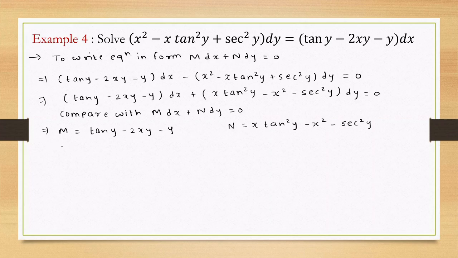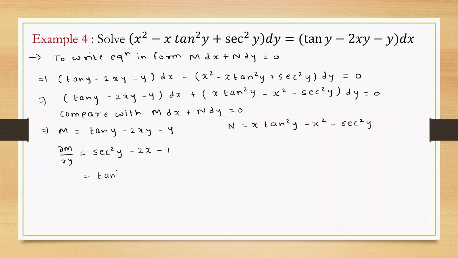Now, we need dou M by dou y. So dou M by dou y is, what is the derivative of tan y with respect to y? It is sec square y. The derivative of minus 2xy with respect to y is minus 2x, and it is minus 1. So we know that sec square minus 1 is tan square y.